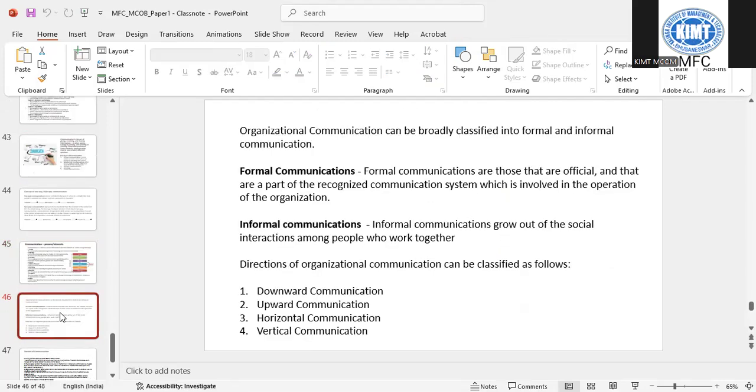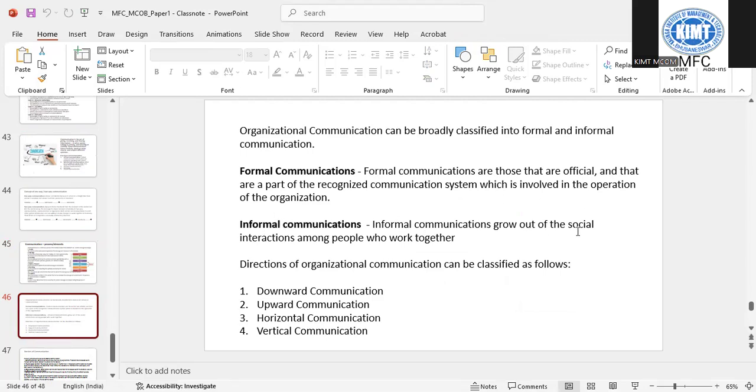General communication can be broadly classified into formal and informal communication. Formal communication is that which is official and part of a recognized communication system. It is involved in cooperation and the organization.